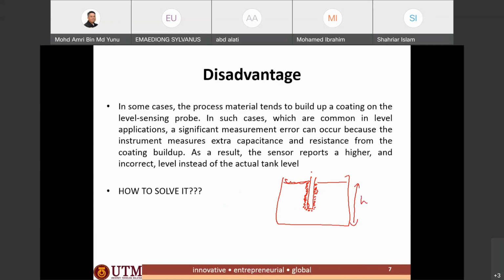So how do we solve the issue here? One way is by using a regular checkup, regular inspection, or cleaning.